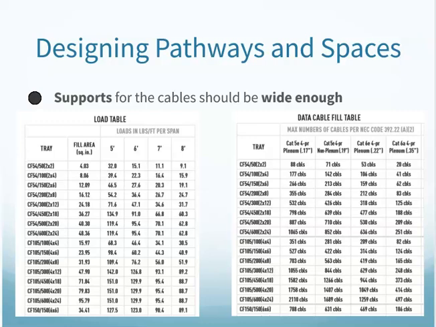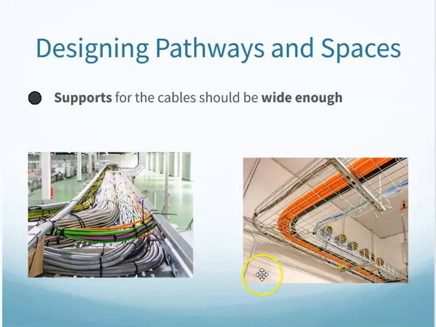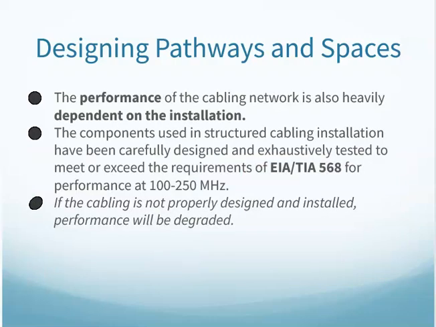There are actually tables that'll tell you how much weight a particular tray will hold, and if I'm looking at how many cables I'm putting in a tray, this chart will let you know how many it can actually support before it becomes full or would start buckling or being damaged under the weight of the cabling. So there are resources to help figure out what I need to make this work. And those are the things we'll be looking up too.